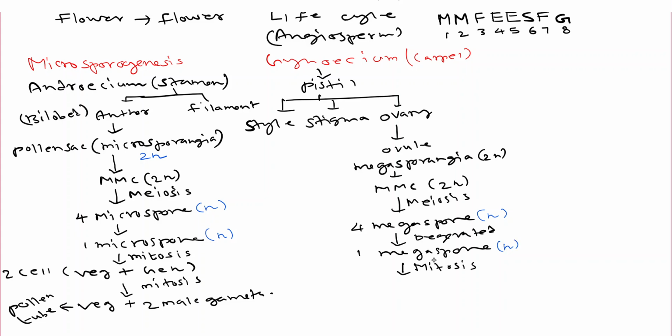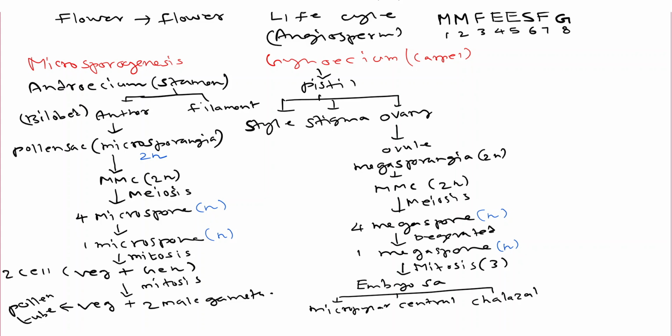This will undergo 3 repeated mitoses and will form a very important thing called the embryo sac. In that, we are able to find one end called the micropylar end, another one is the central or middle part, the third one is the chalazal end.